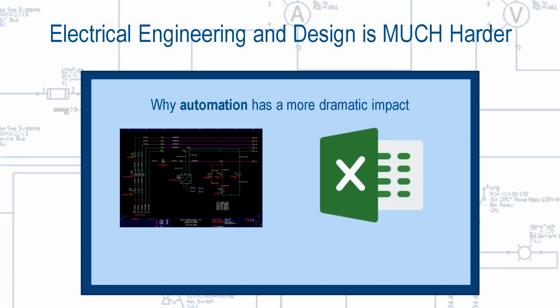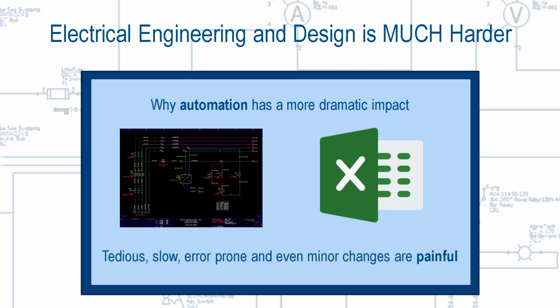We're designing in a 2D CAD tool, which is great. We're taking advantage of lines, text, and blocks, but then a huge slowdown in productivity occurs when we have to go external to that application and work in programs such as Excel to manage bill of materials and wire to and from. It's a very tedious and slow process, and it's error prone.